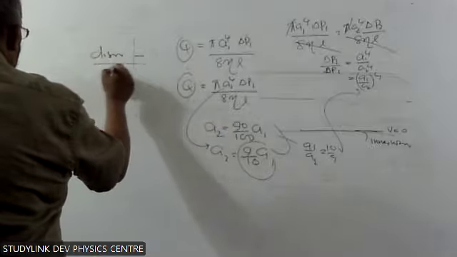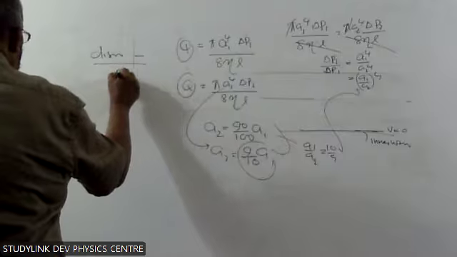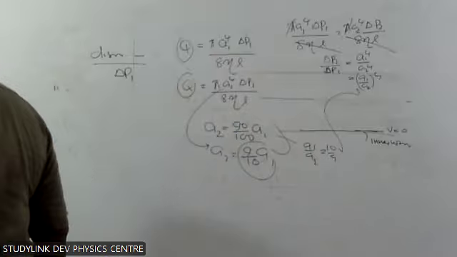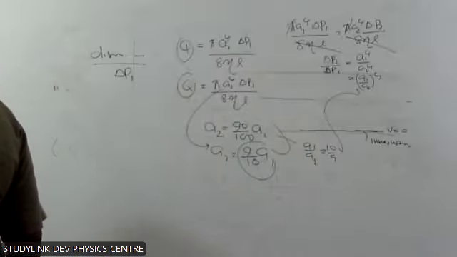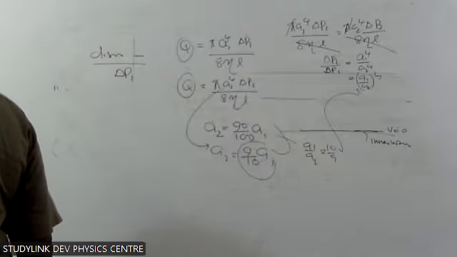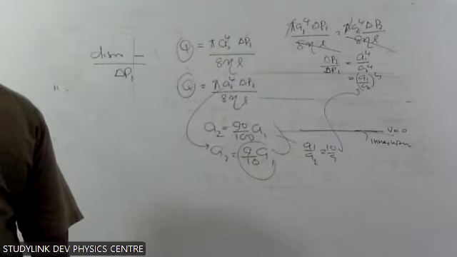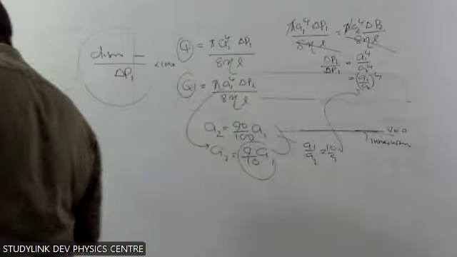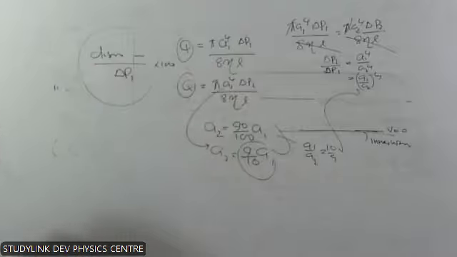Difference divided by the initial delta P, that is delta P1, or in other words, (delta P2 minus delta P1) over delta P1, then into 100. That is the percentage. Can be done. Answer is 52%, roughly around that value.